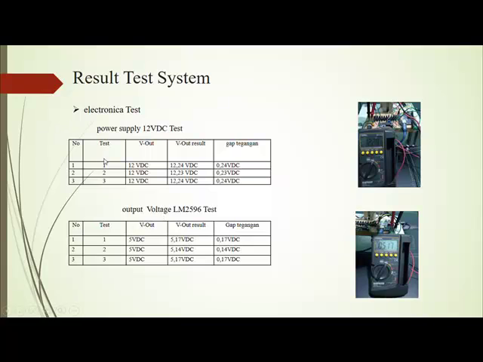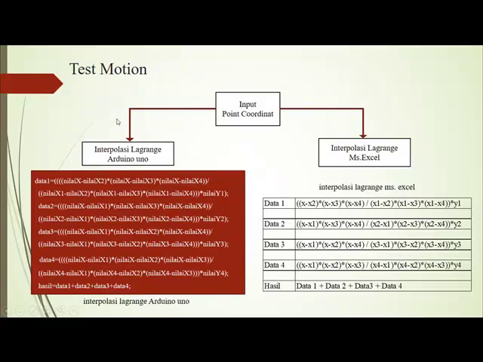We use three tests: the first, the second, and the third. This is the motion test. We input point coordinates, and then the Arduino Uno calculates the Lagrange interpolation like that.